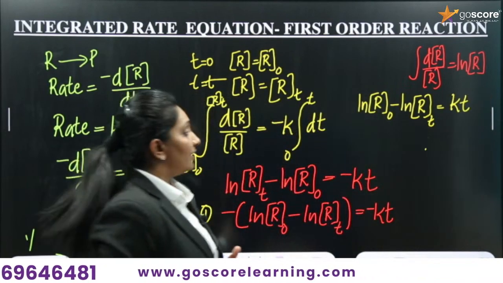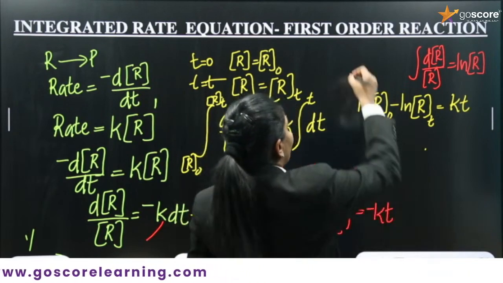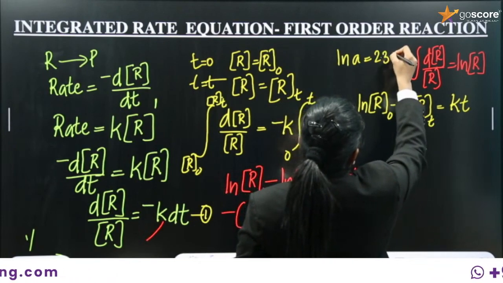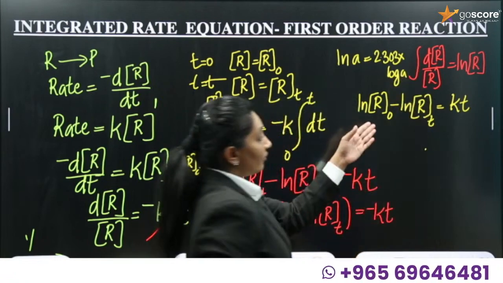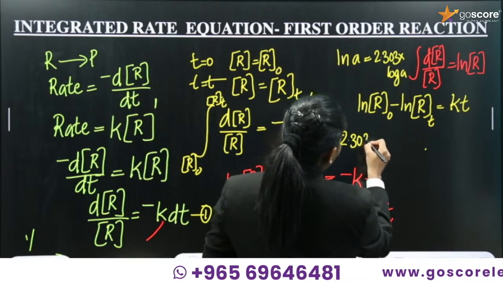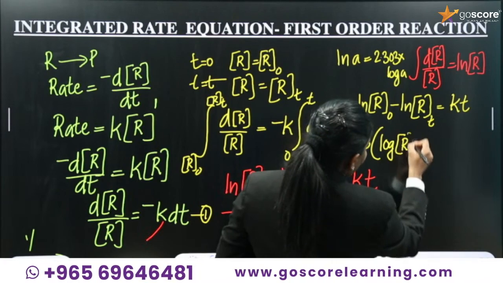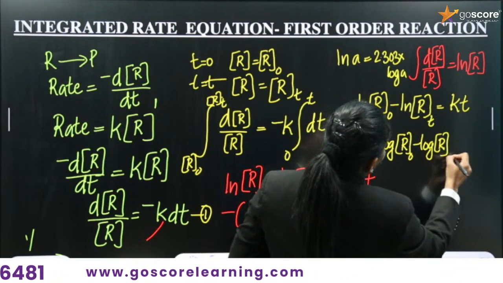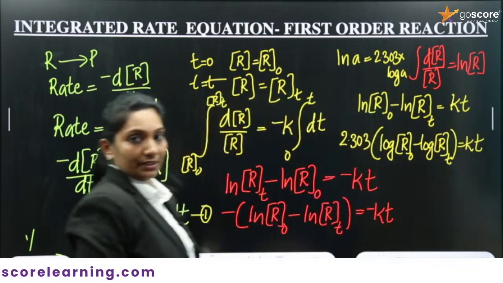Okay. So, how will you convert this natural log into log? That is, ln A is equal to 2.303 into log A. So, how we can convert it? It will be 2.303 into log R0 minus log RT equal to KT, isn't it?